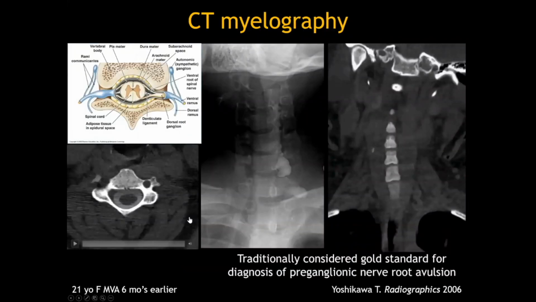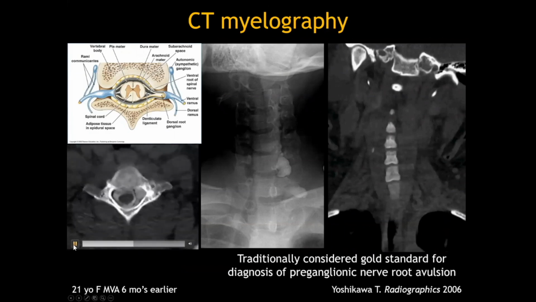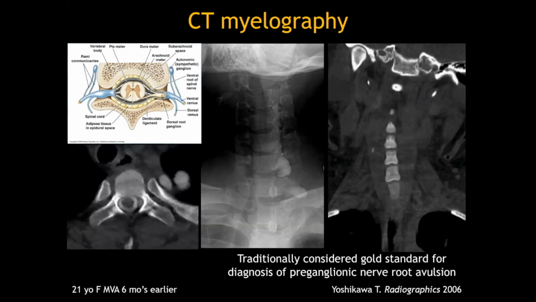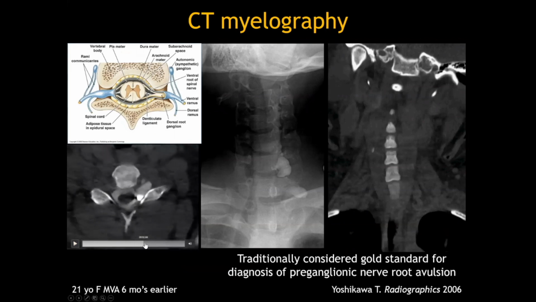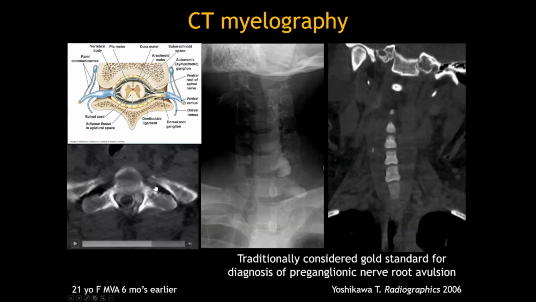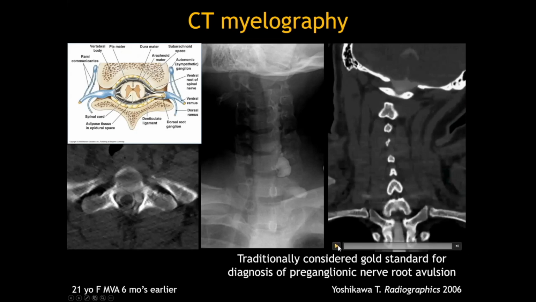So CT myelography is a fantastic way to image the nerve rootlets. Obviously it requires an intrathecal injection of contrast, but this case nicely shows multiple pseudomeningoceles with these outpouchings of contrast extending along the left neural foramina. Here again, you can see it on the conventional myelographic image. And of course, the great thing about CT is its high resolution and that you can reconstruct it in other imaging planes.